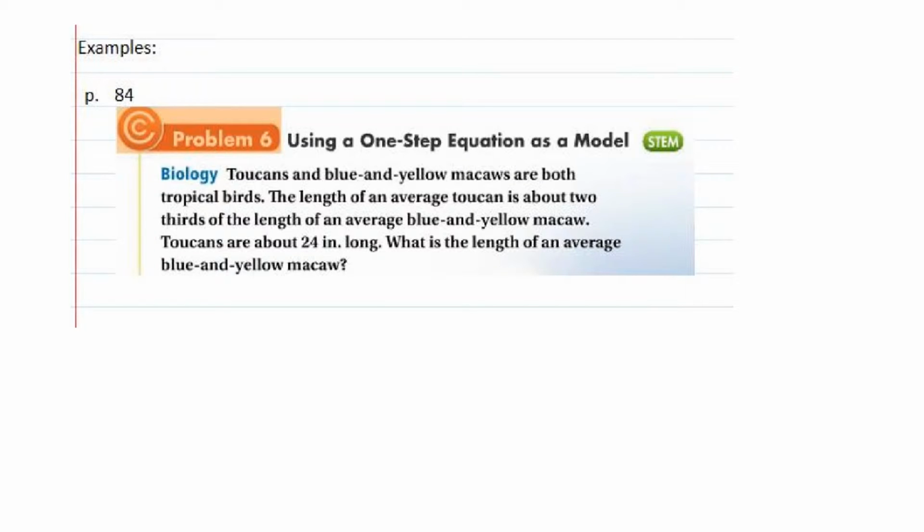The length of an average toucan, that's the first piece of information that we have, is (is always means equal) about 2/3 of the length of an average blue and yellow macaw.